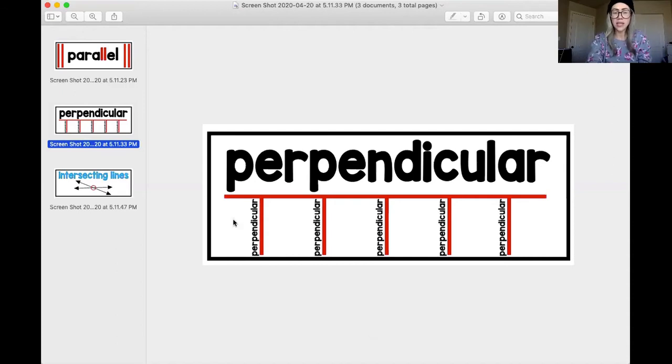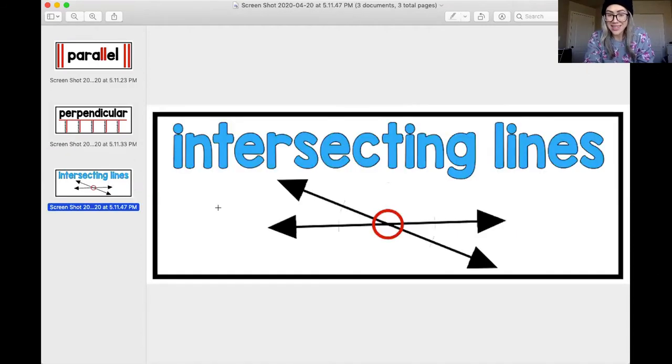Okay, you're going to see here that there are a lot of 90-degree angles over here. These are all perpendicular lines or line segments. Now, intersecting lines, they have the arrows, right? They keep going on forever and forever. So if I take my hands like this, these are my line segments, but my lines are going to go on forever.